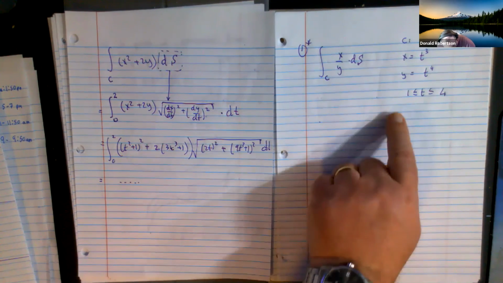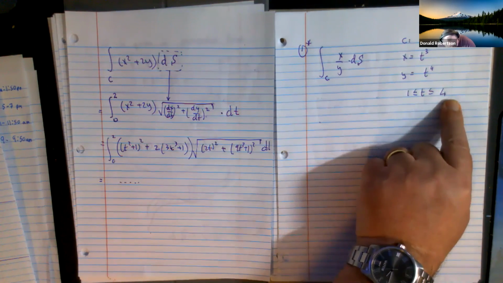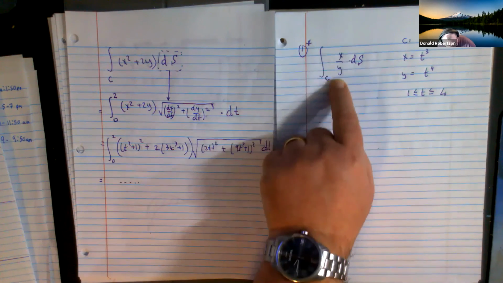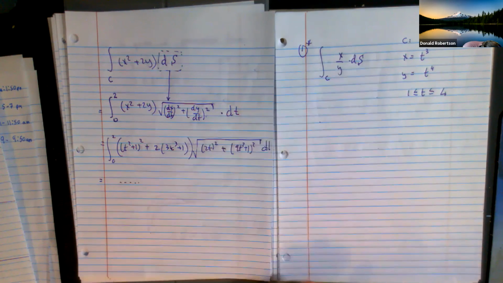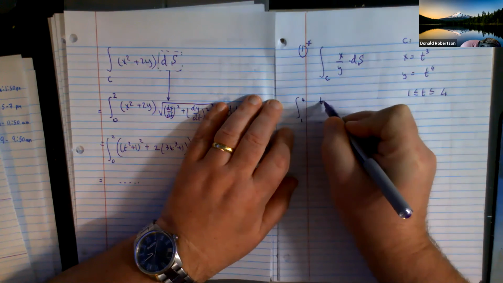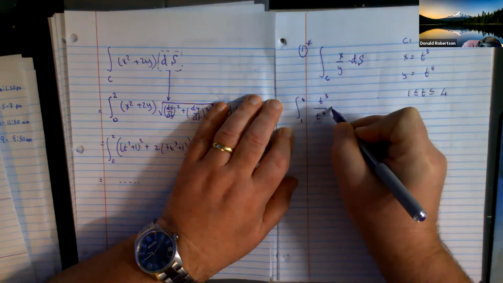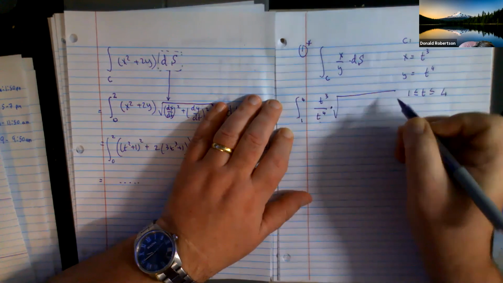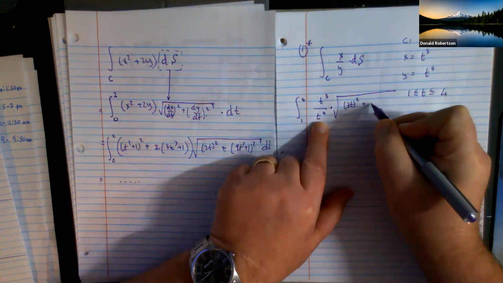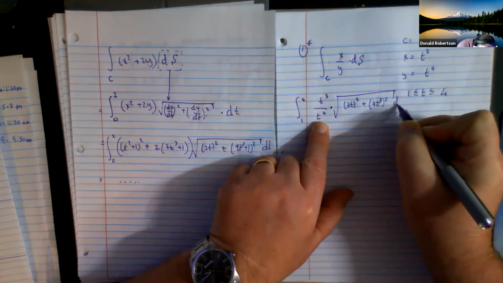So can you imagine this curve in 2D space starting at 1, finishing at 4, and as it travels along this curve, its height is this expression. So it's going to be the integral from 1 to 4 of t cubed over t to the 4, dot, square root of this guy's derivative squared plus this guy's derivative squared, dt.